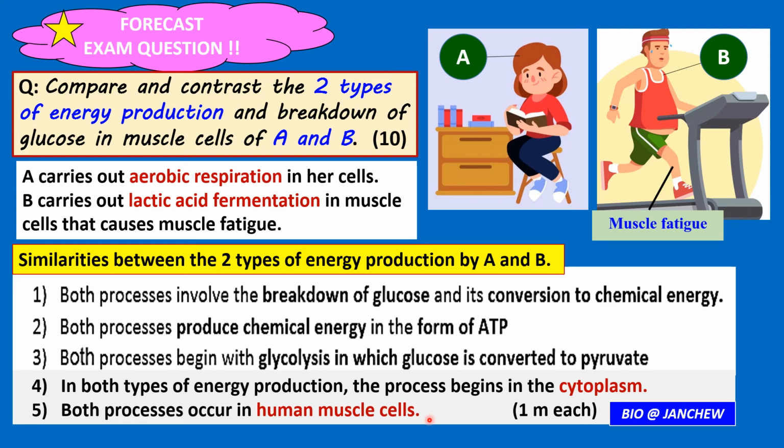In both types of energy production, the process begins in the cytoplasm, and both processes occur in human muscle cells. 1 mark each for each similarity, and also 1 mark each for each difference. Okay, so notice that I didn't put in both types of respiration for number 4, okay, because as we said, lactic acid fermentation is considered different from respiration. All right, in this syllabus, it's an alternative pathway.